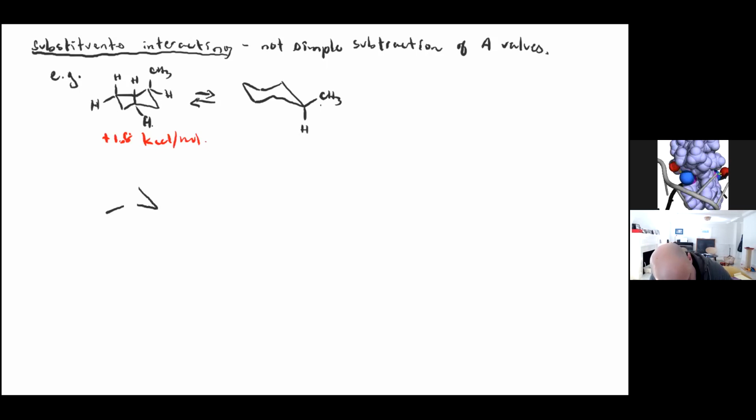So if I have two substituents and they can both occupy an axial orientation in one conformer, we say that they are interacting.